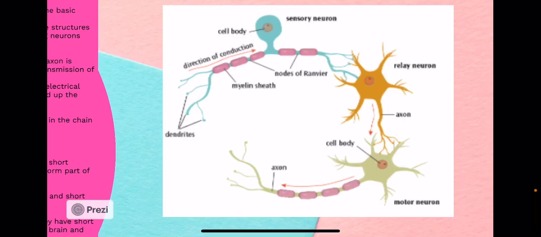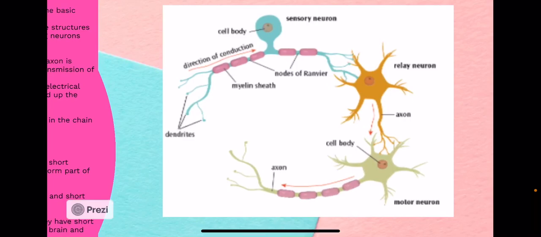So for example, if you were to put your finger on a pin, then that sense of touch and pain would be picked up. That would pass down the sensory neuron to the relay neuron, which would pass it back to the motor neuron, and this would connect to an effector or a muscle cell, and you would move your hand out of the way because of that.